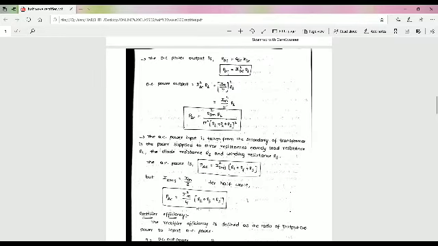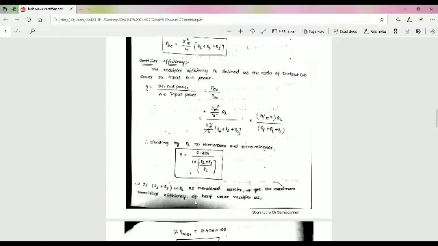And next one, rectifier efficiency. The rectifier efficiency is defined as the ratio of output DC power to the input AC power. Efficiency is denoted by eta, so eta equals DC power output by AC input power, that is PDC by PAC.